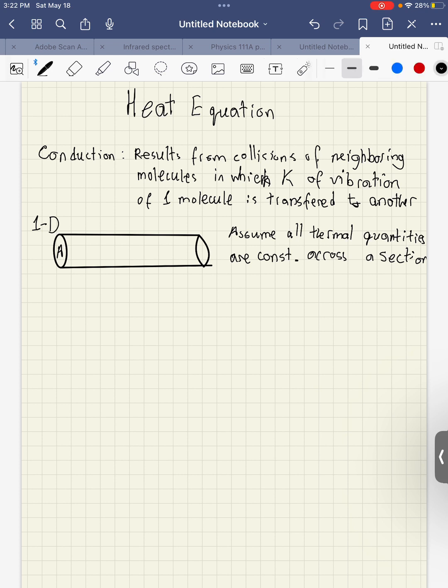What we're looking for is to derive our heat equation. We're going to have some unknown variables that we don't know.